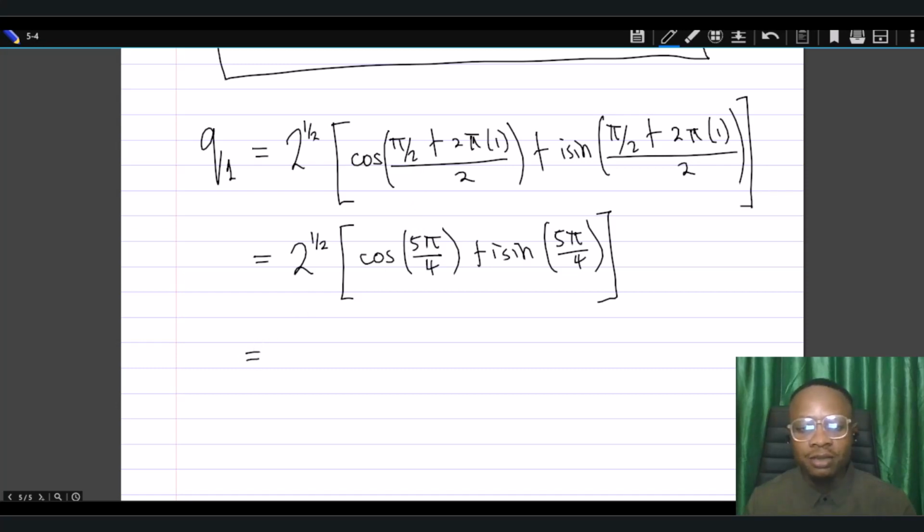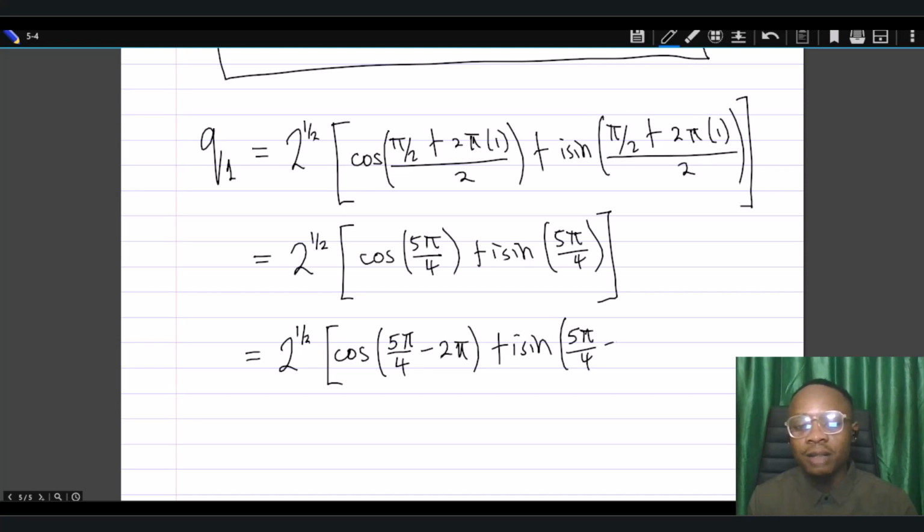So this is going to be giving us 2 to the power of 1 over 2 into the cosine of 5 pi over 4 minus 2 pi, so that it falls within the range of the standard values of the argument of complex numbers, plus i sine of 5 pi over 4 minus 2 pi. So this closes the bracket for us.